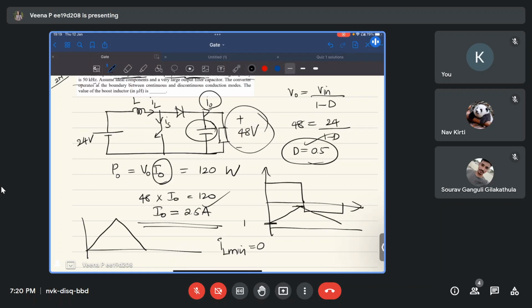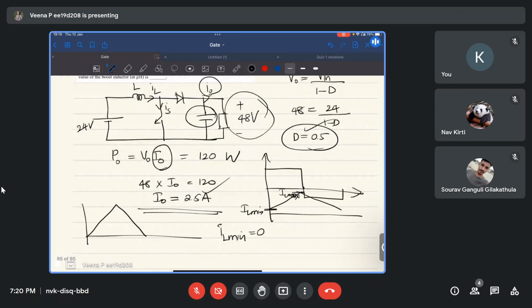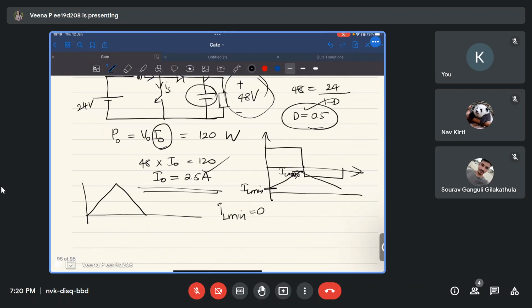So in the general case, you have a minimum inductor current and a maximum inductor current. When it is operating at the boundary of CCM and DCM, the minimum inductor current is 0. Let delta IL be the peak-to-peak ripple current of the inductor. So at the boundary of CCM and DCM, your maximum inductor current will be delta IL. Is this clear?